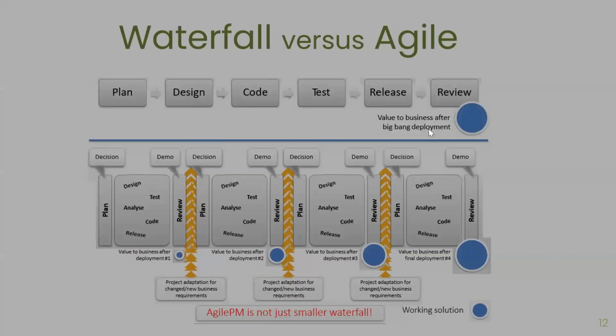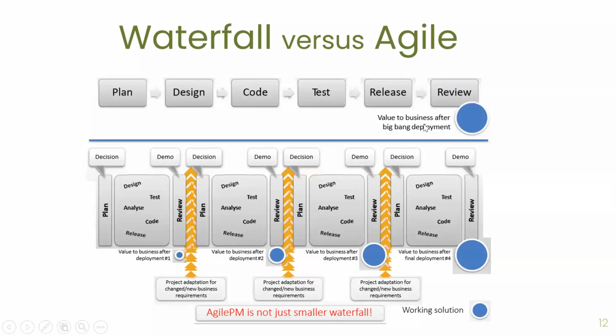All right, so waterfall versus agile. Like I said, waterfall is too rigid. So you plan, you design, you code, you test, you release, and then review. And the customers don't get value until the end of this, which is here. But where agile is concerned, the customer gets value the minute you release, right?